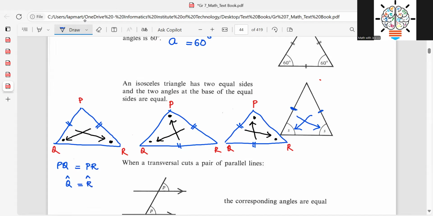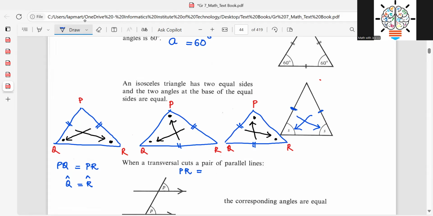Look at this carefully. I'm going to show you something. And then the next one, PR side is equal to PQ. What are the equal angles? What are the PR? Not PQ, right?